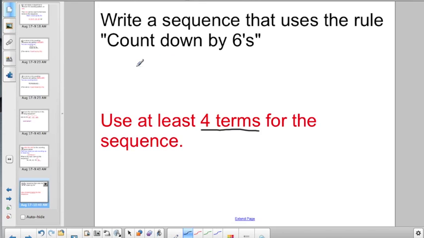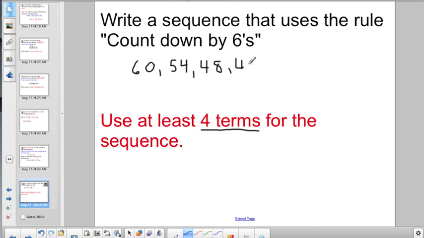So, let's try, I think I'm going to go 60. Maybe you wanted to start on a different number. That would have been fine. And if I'm showing a sequence that counts down by 6s, so 60 minus 6, hey, that's going to give us 54. 54 minus 6, because I'm counting down by 6s, hey, that's going to give us 48. 48 minus 6, and that's going to give us 42.